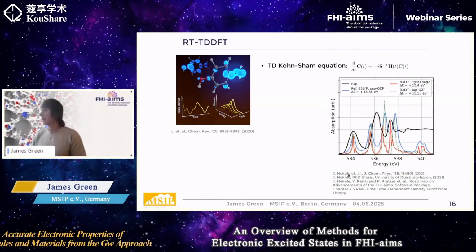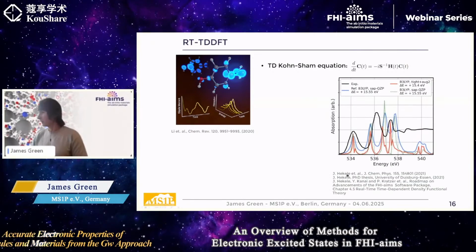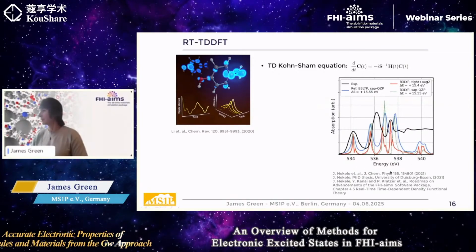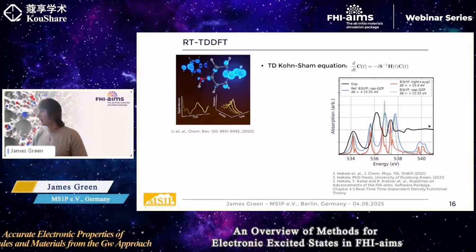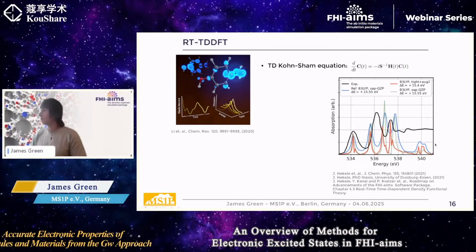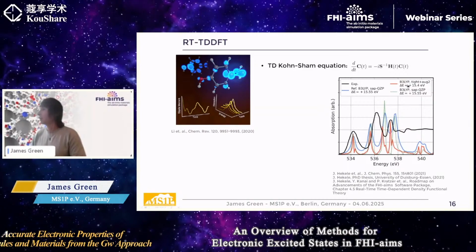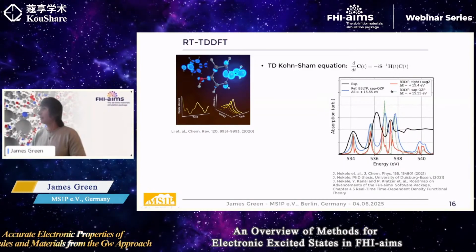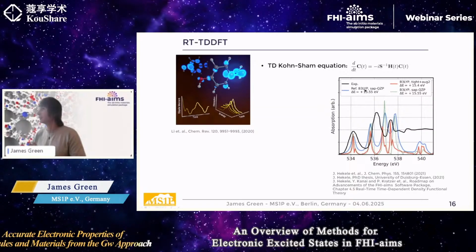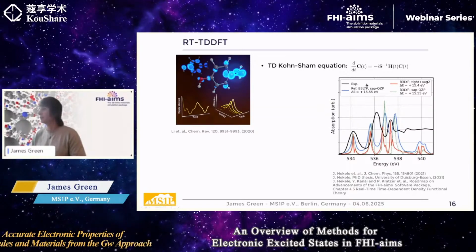And this was implemented by Joska Hekele in his PhD work in Peter Kratz's group. And here you see a K-edge absorption spectrum of water with the FHI-aims results in red and green relative to reference calculation and experimental results.